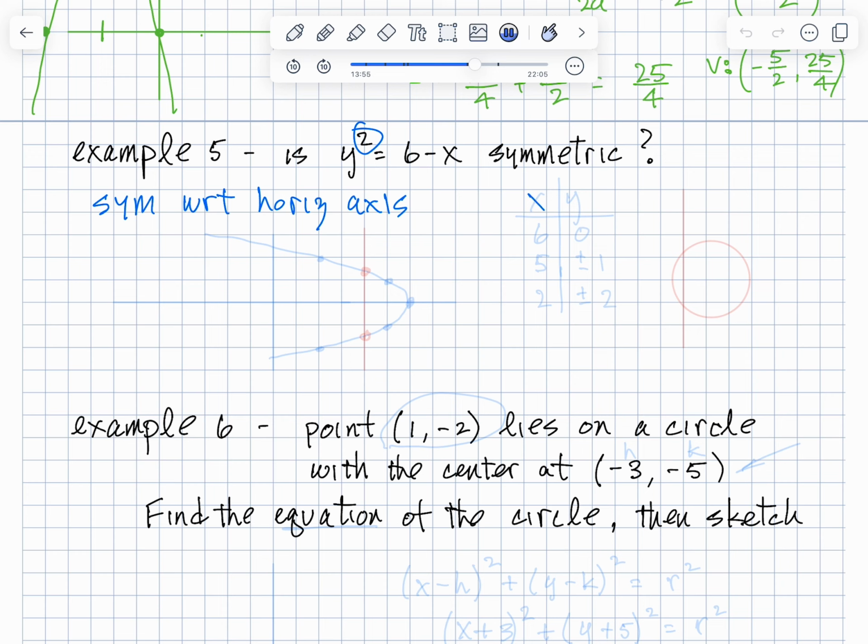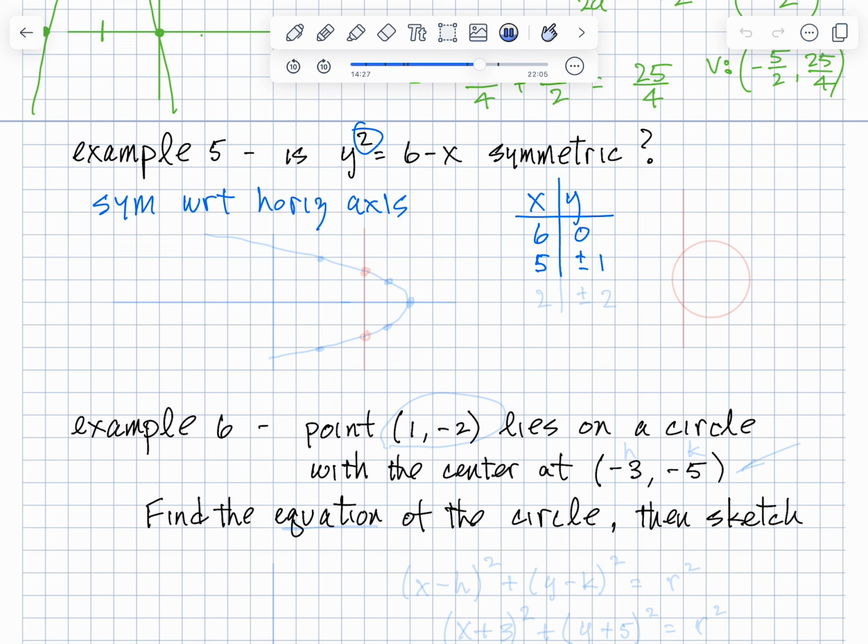So again, we do our xy table. In this case, I want to choose something that makes it a little easier. So let's choose, if x is 6, then y is equal to 0. Okay, we can plot that. Well, what about when x is 5? 6 minus 5 is 1, so y is going to be plus or minus 1.